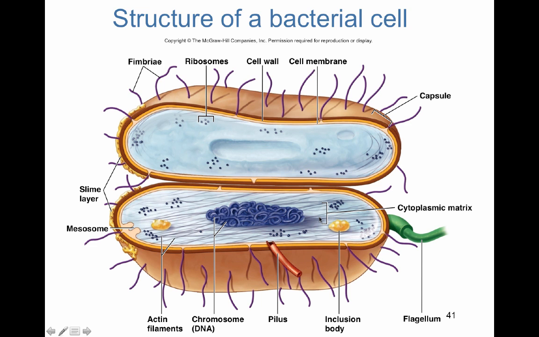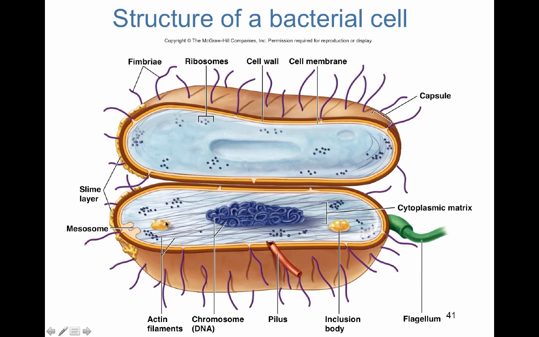And if you look at the internal contents, basic structures that you should remember here is the nucleoid containing the chromosome, which is made up of the genetic material, so DNA. Also, these small, they're actually macromolecular structures, but these small little dots that you see here consist of ribosomes, which basically are the protein synthesizing machines within these cells.